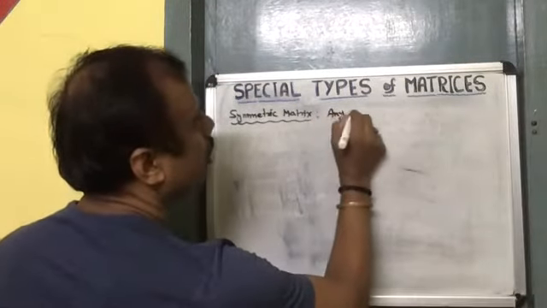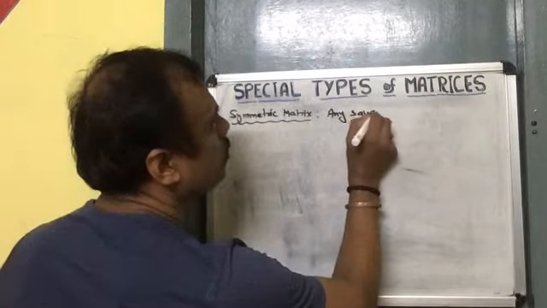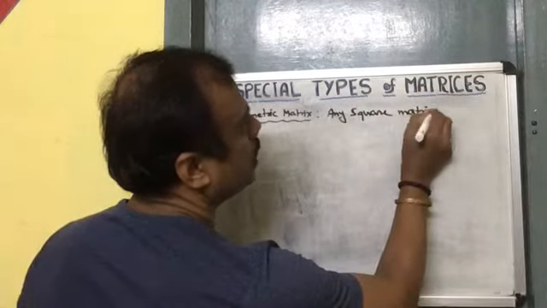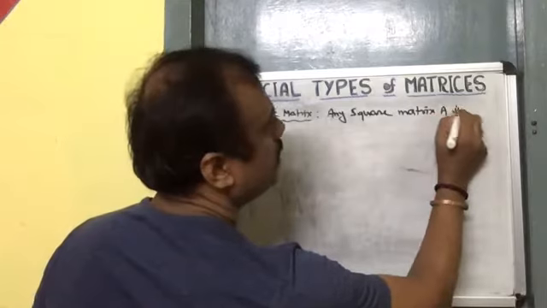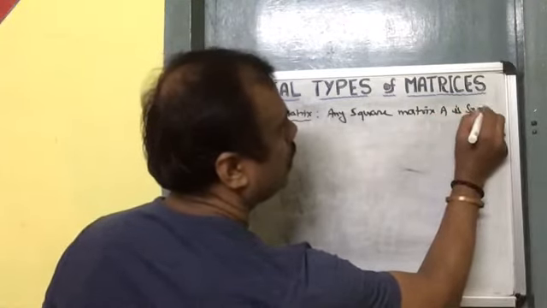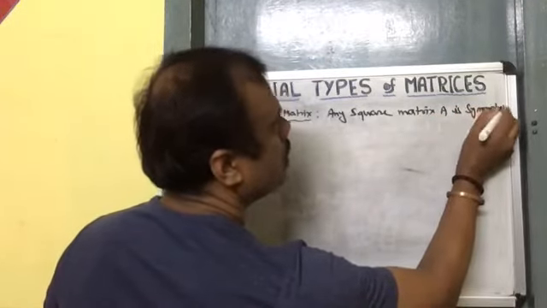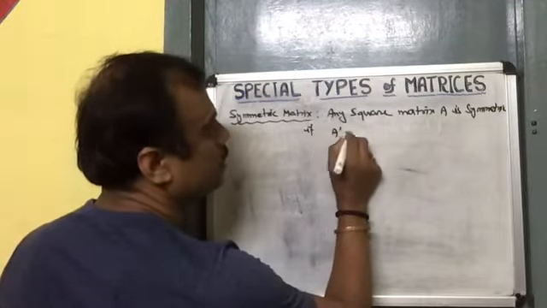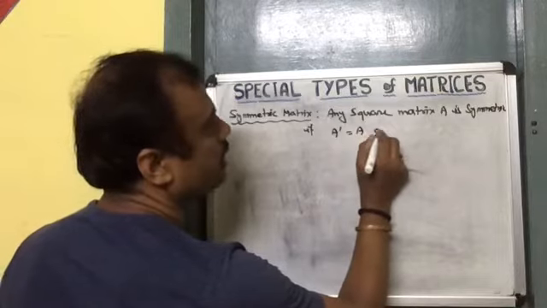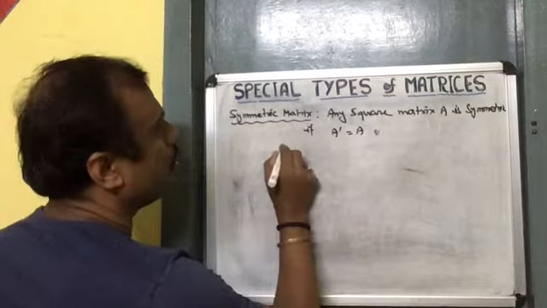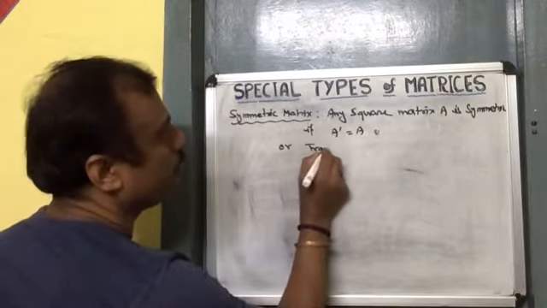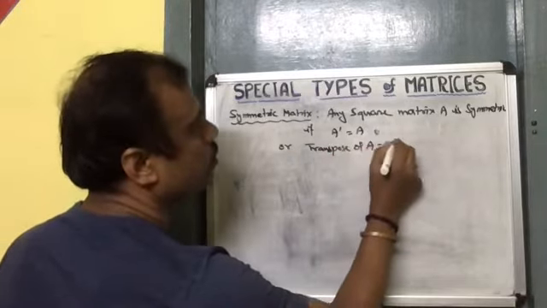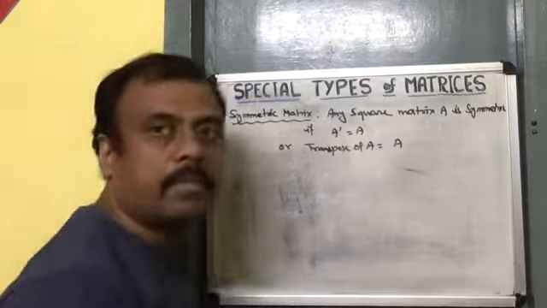Any square matrix A is symmetric if A dash equals A, or we can say that the transpose of A equals the matrix.